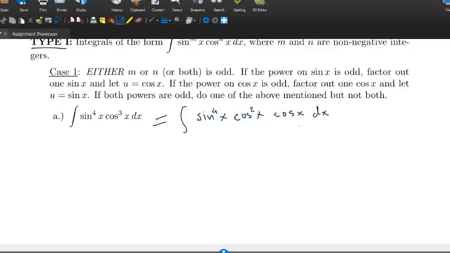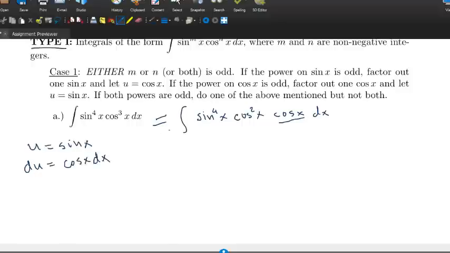So the odd power, I separated one of the powers in it and I kept the rest. Okay, then I will do u substitution, which is u equals sine x. In this case, I have to find du. The du will be cosine x dx, right?